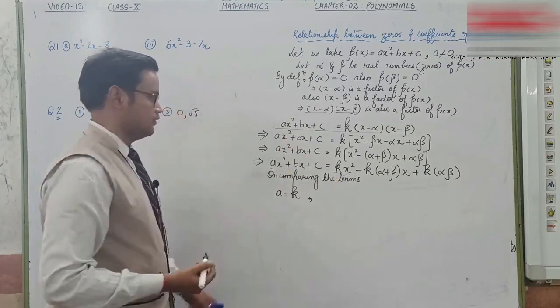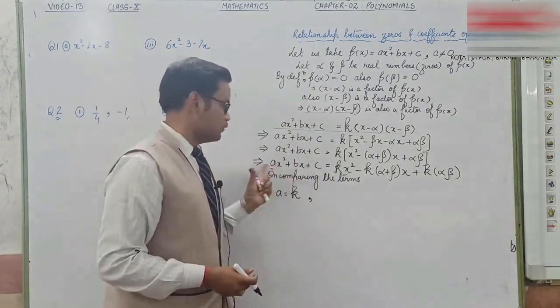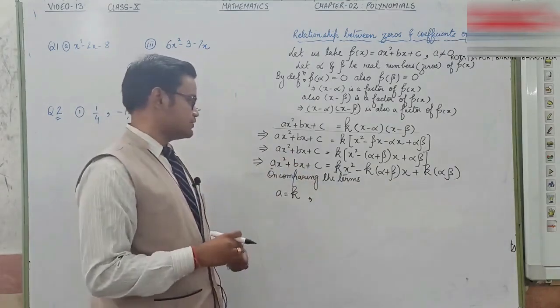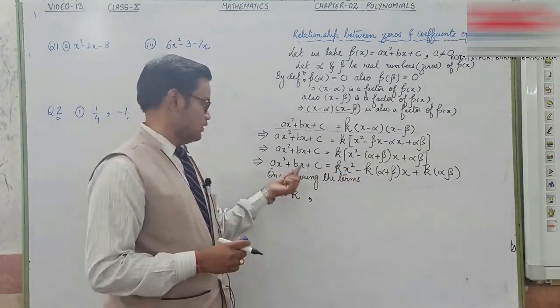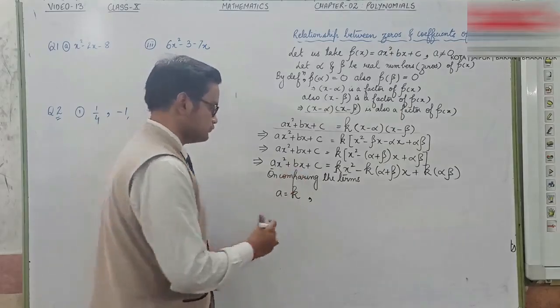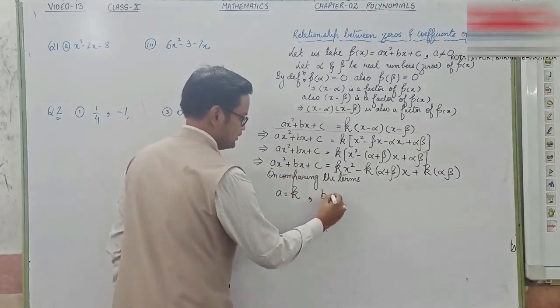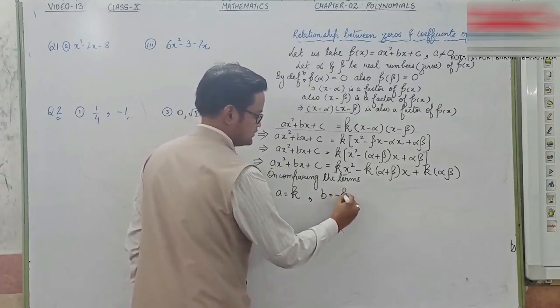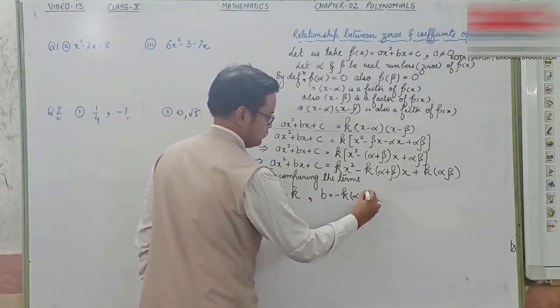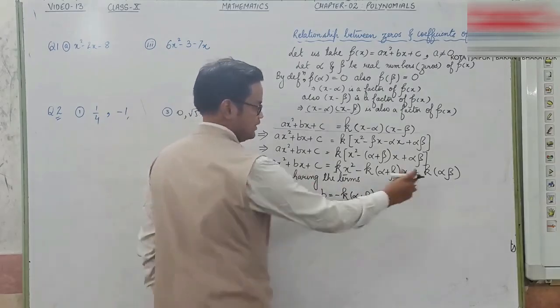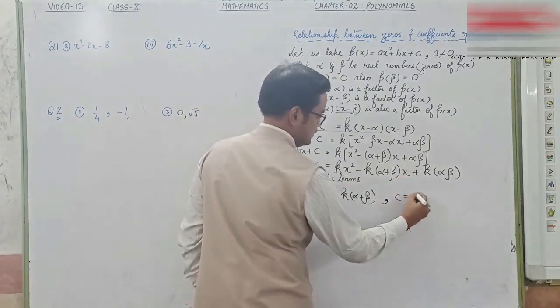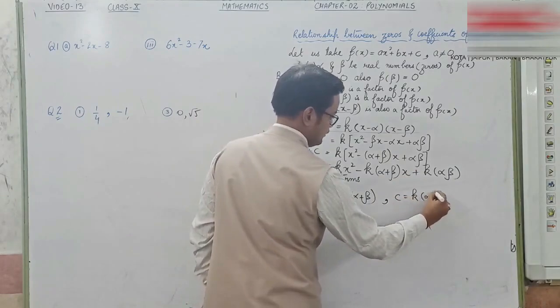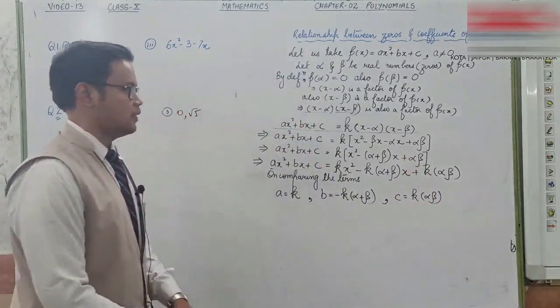K. Because this polynomial and that polynomial are the same things. We are just comparing the places. B is equal to minus k into alpha plus beta, and c is the constant. C is k into alpha beta.